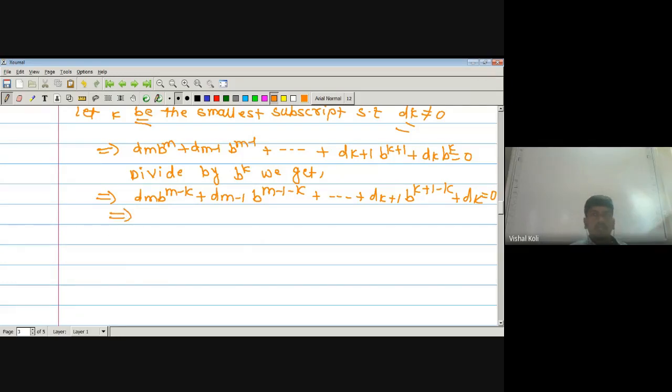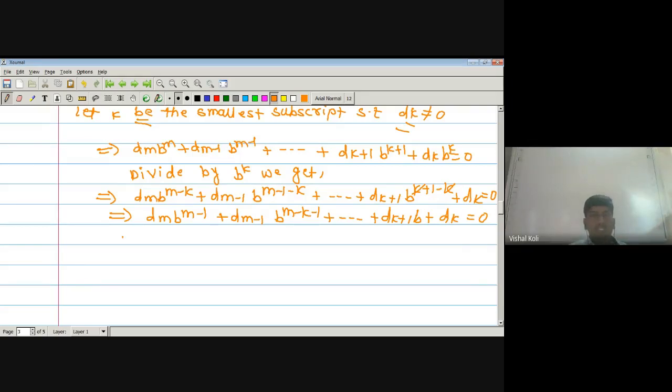That is, this can be written as dm b to the power m minus k plus dm minus 1 b to the power m minus k minus 1 plus up to so on, dk plus 1 into b plus dk, which is equal to 0.